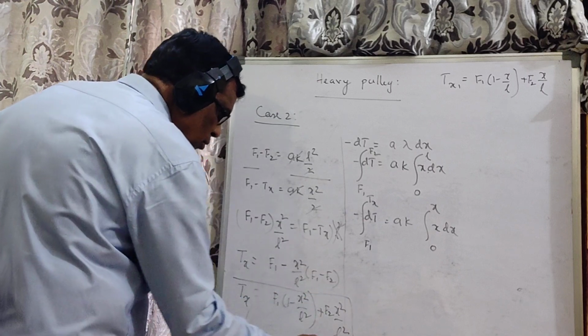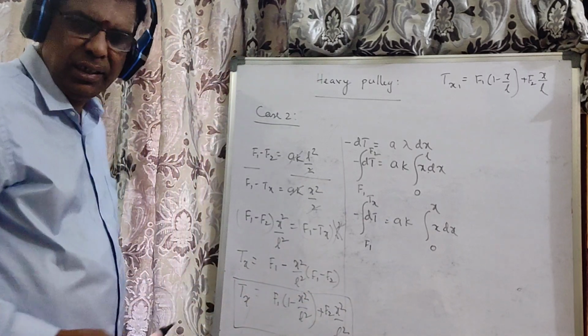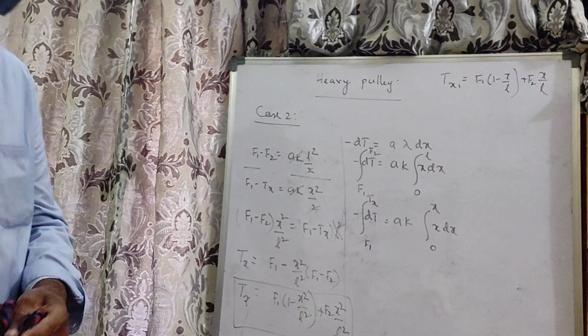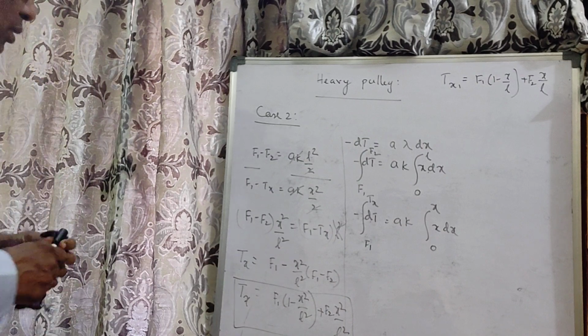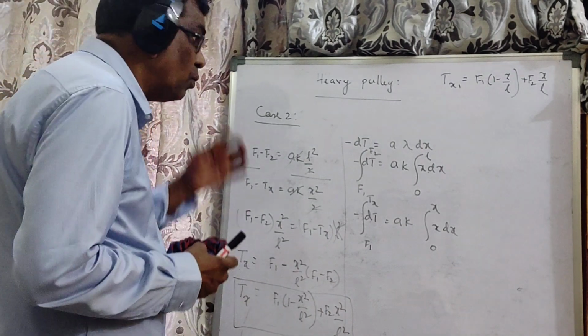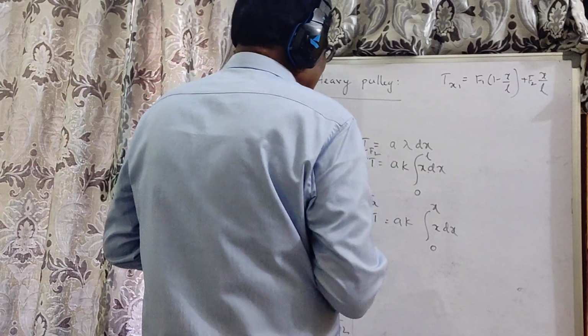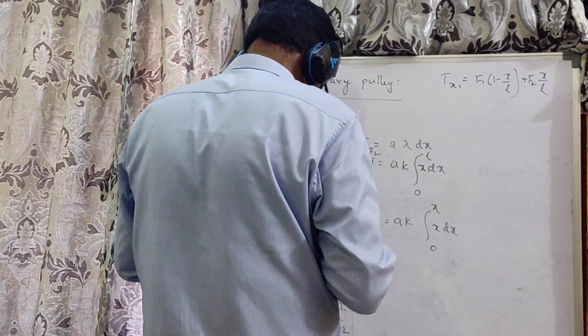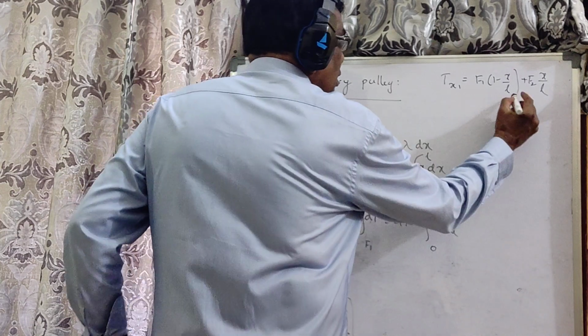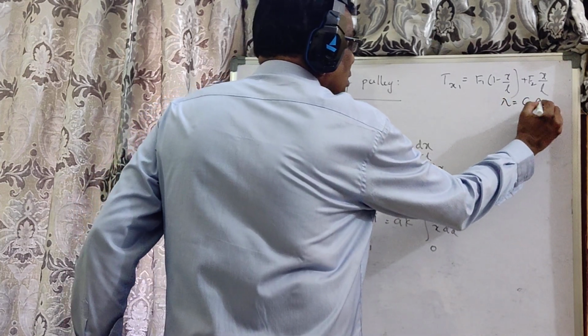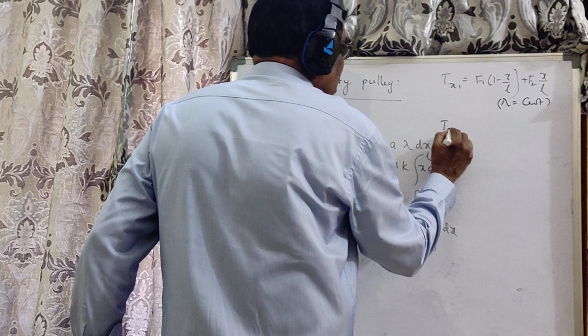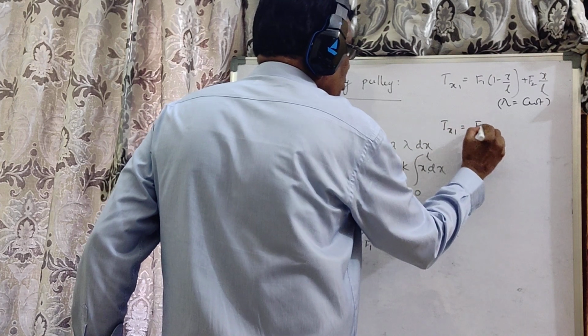You see how it is easily influencing the end product. Alright? Now, when is this valid? Lambda is constant. When is this valid?